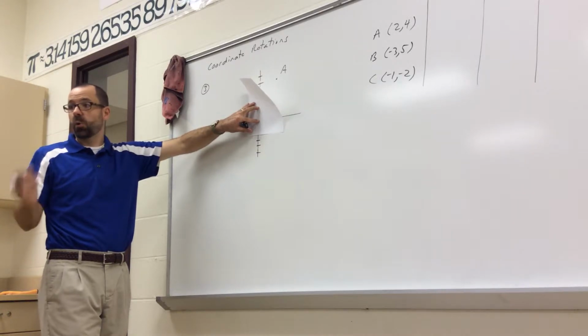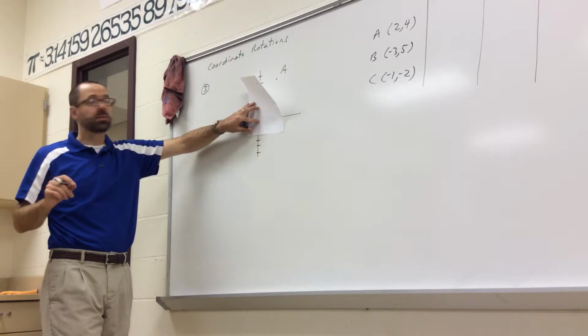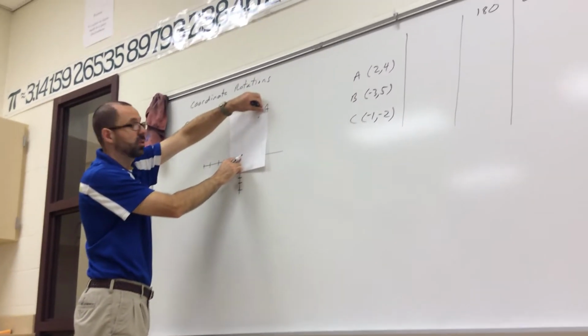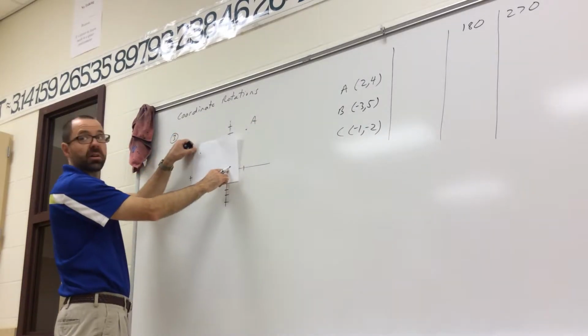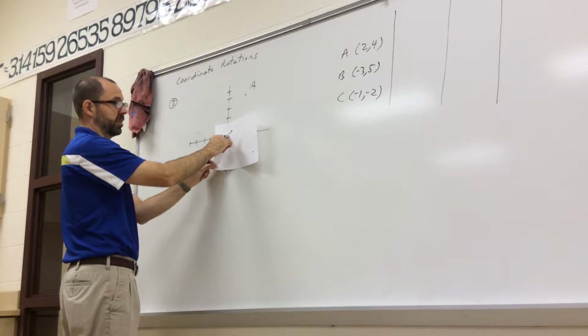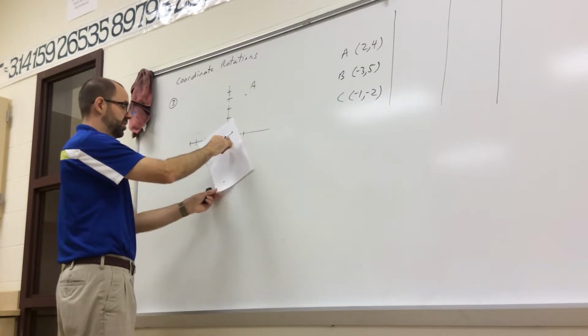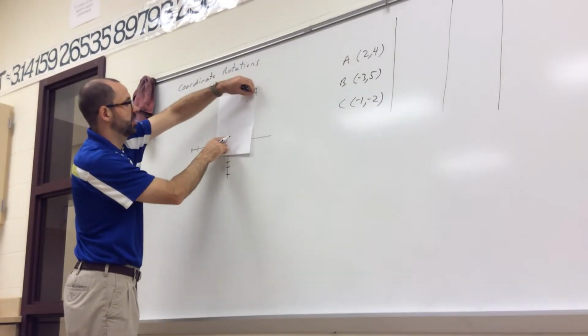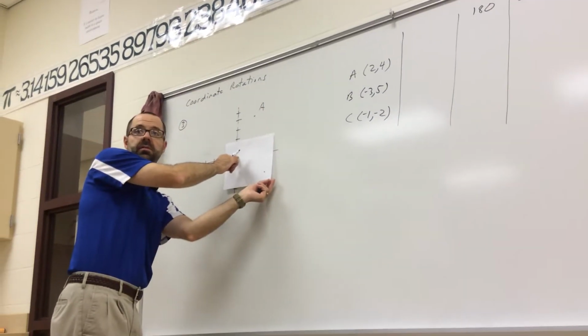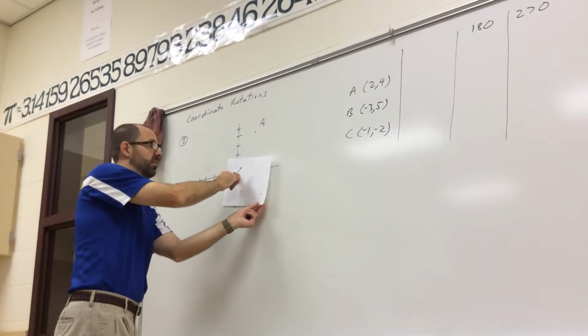So it's 3/4 turns. 1/4 turn, 2/4 turns, 3/4 turns. So 270 is from here all the way to there, 3/4 of the way around.